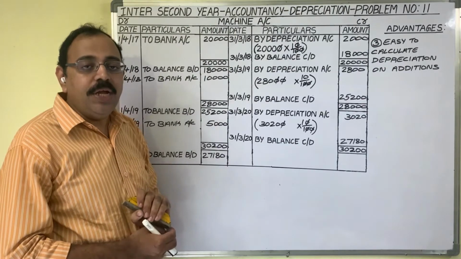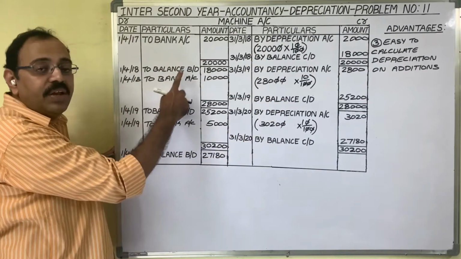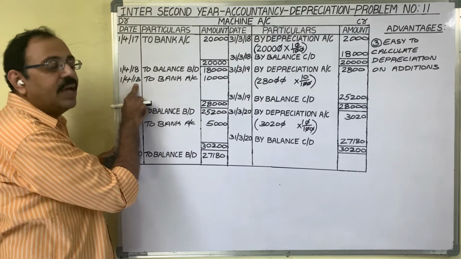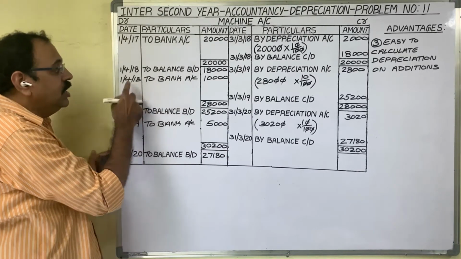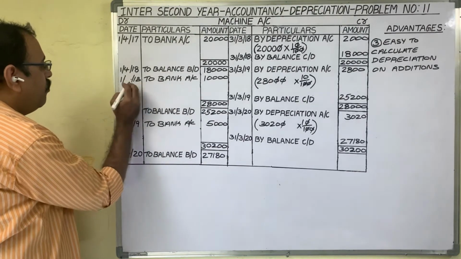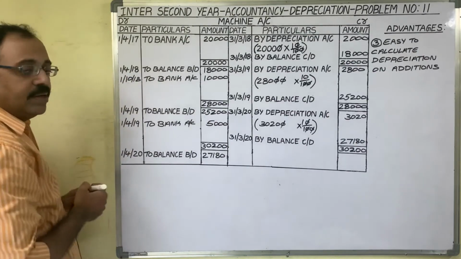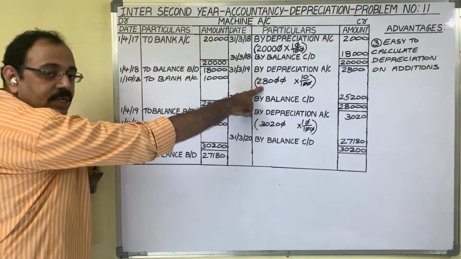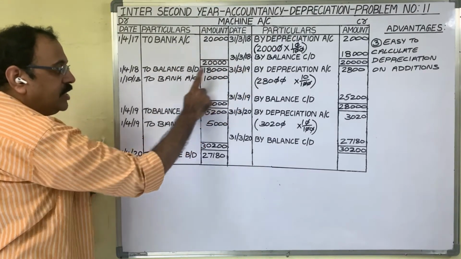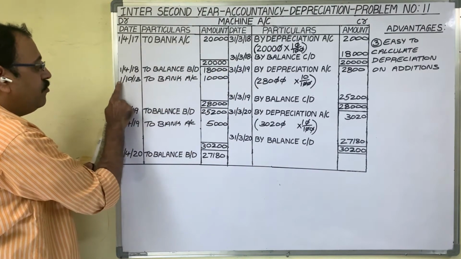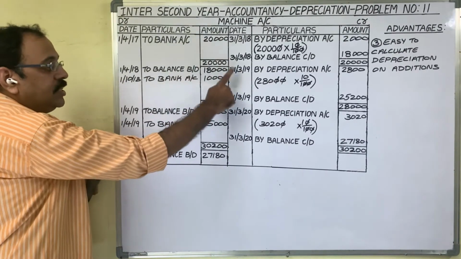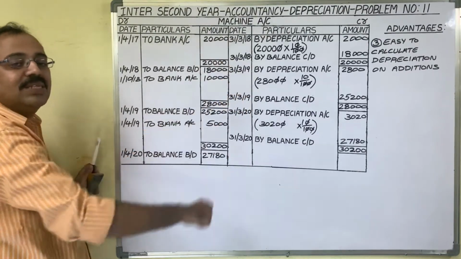But remember one point: we can take this advantage when the asset is purchased on the starting date of the year. Suppose in the second year, the asset is purchased on 1/10/18. Then you cannot do it like this, because the first asset is used for 12 months but the second asset is used from October to March: October, November, December, January, February, March, only 6 months.